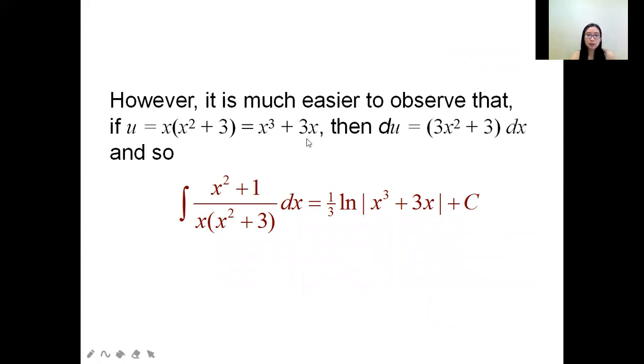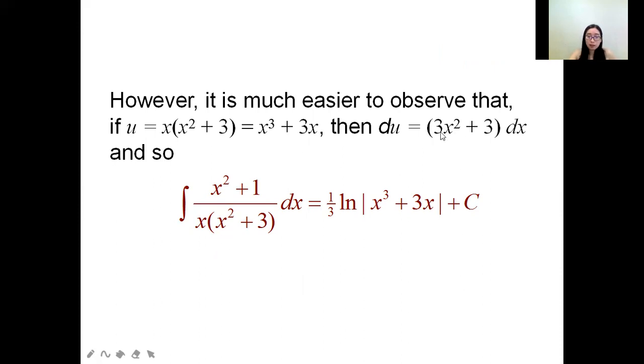Then, du is (3x squared plus 3) dx. So, the integral of (x squared plus 1) over x times (x squared plus 3) dx is equal to 1/3 ln absolute value of x cubed plus 3x plus C. Magamit lang ta og chain rule.